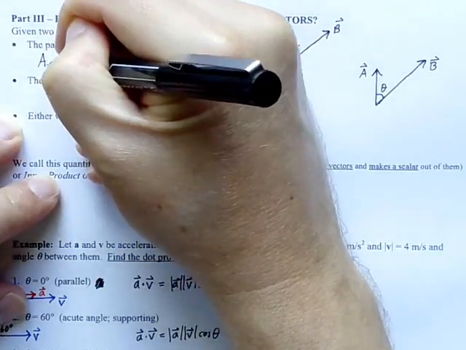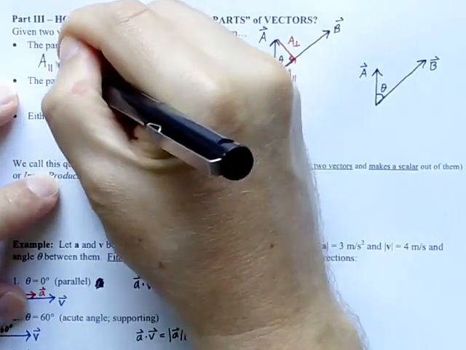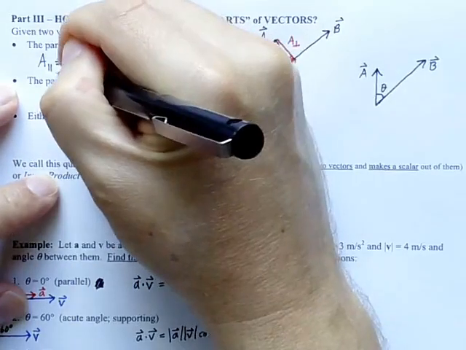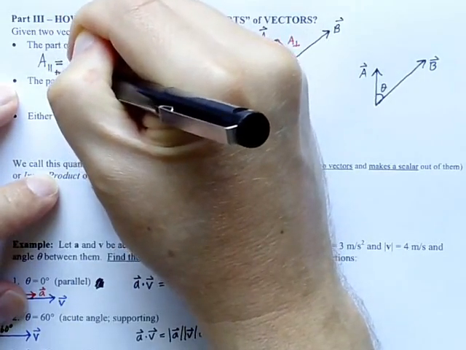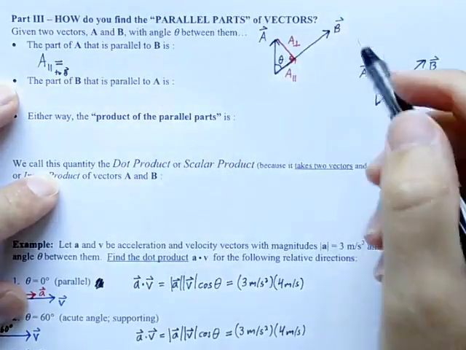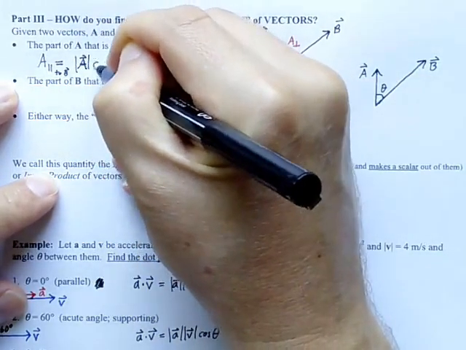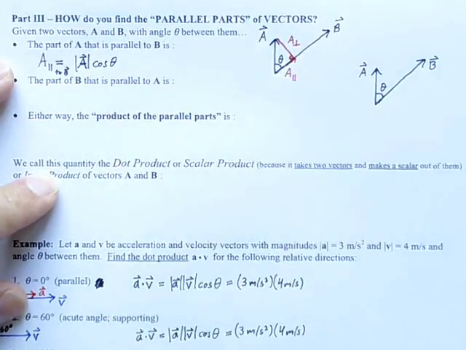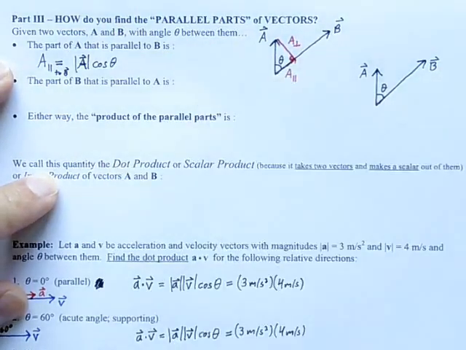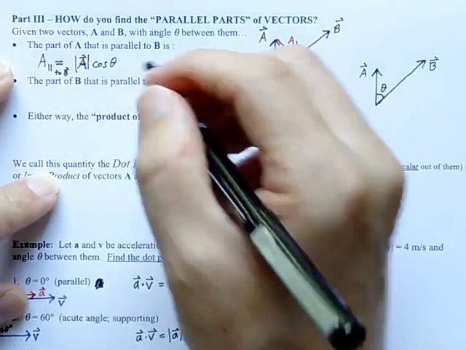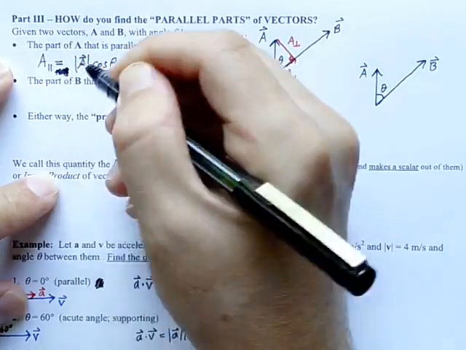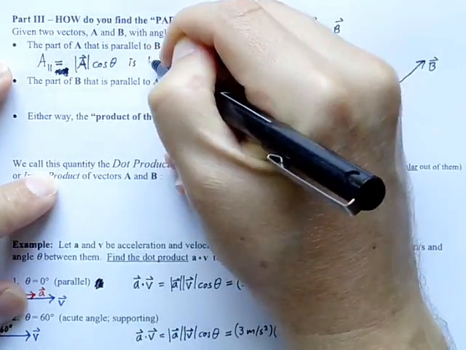So A parallel, the part of A parallel to B, can be found by doing the magnitude of A times cosine of the angle between the two vectors, theta.